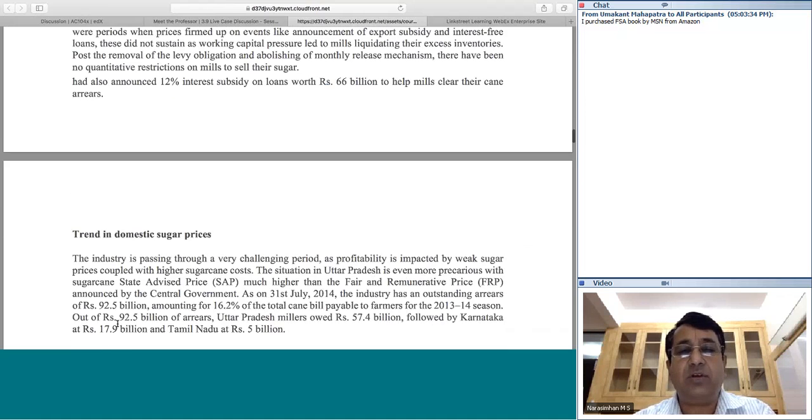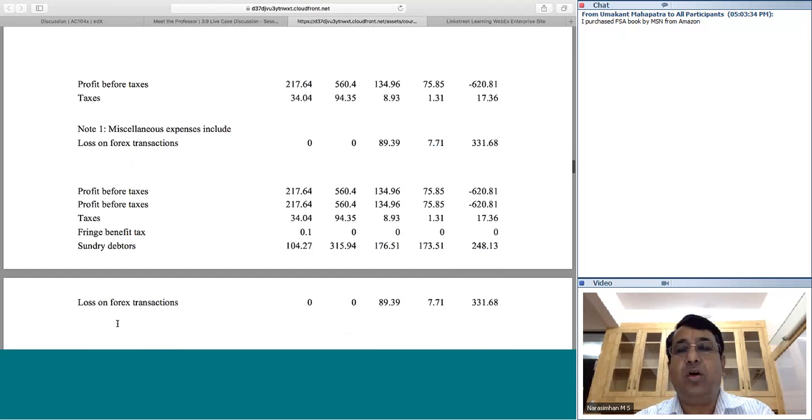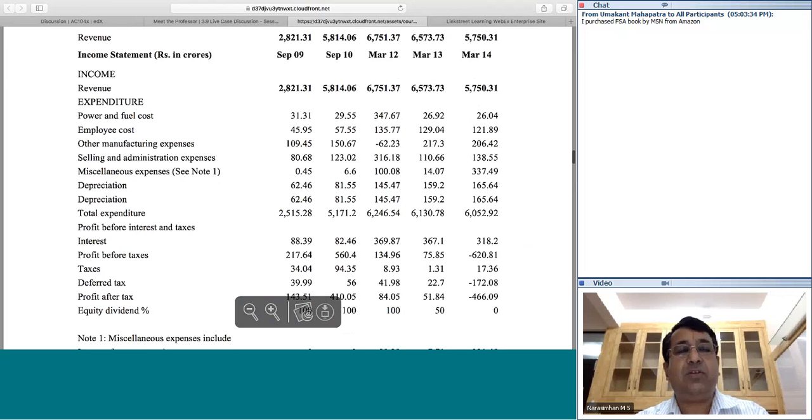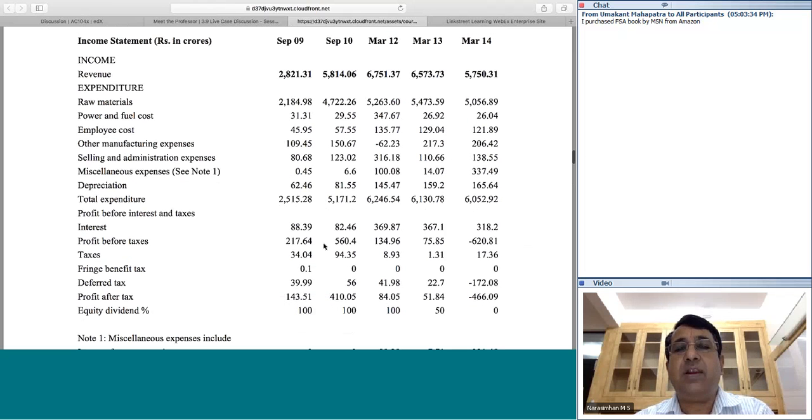So we'll just see the numbers here. In 2014, let's take profit after tax or profit before tax, any number we can take. In 2009 and 10, we had a very good time, and in 12 it has deteriorated, 13 it has further deteriorated, and in 2014 this has entirely become negative.